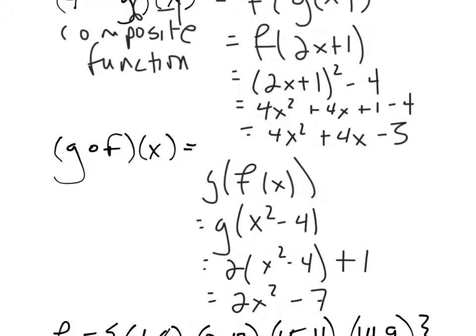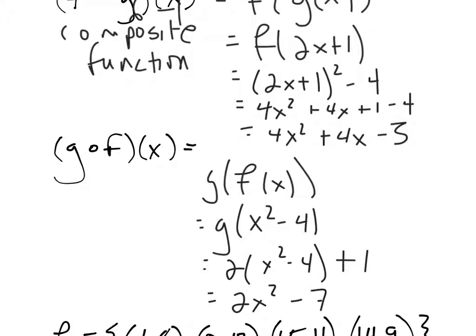Instead of having g of f of x, I could have g of f of 3, in which case I would find f of 3, and then take that value and plug it into g, and I'd get my answer. Huh. That's crazy.